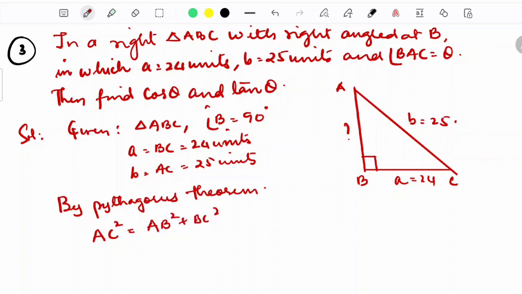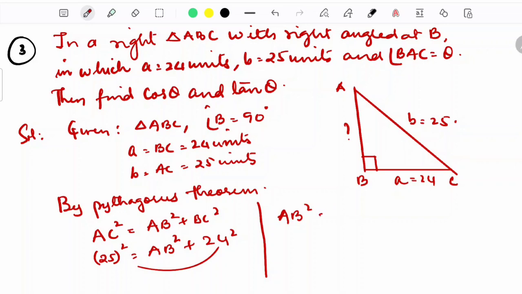Now here AC is given as 25 square equals AB square, we have to find out, keep it as it is, plus BC is given as 24 square. So we will be getting AB square, I am transposing 24 square, so it will be 625 minus 576.